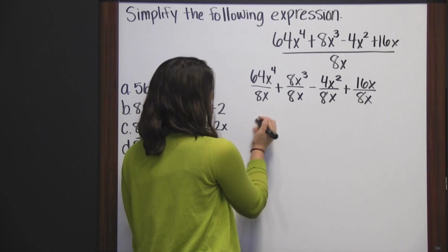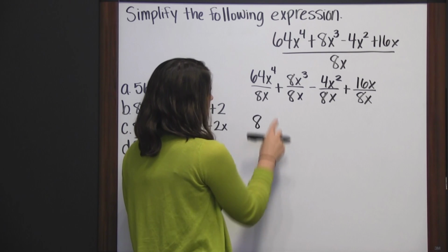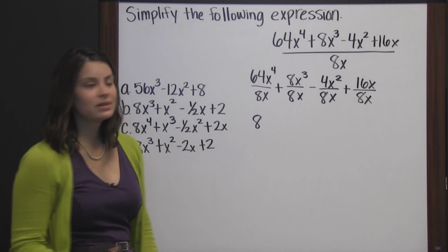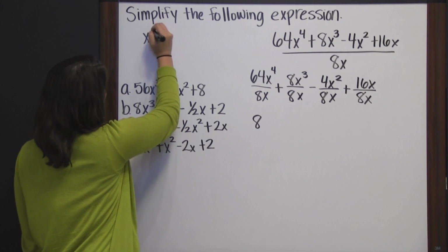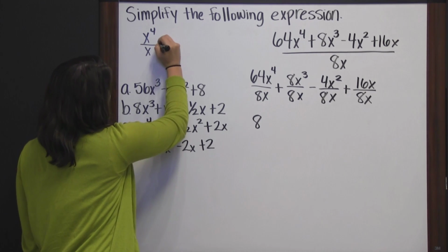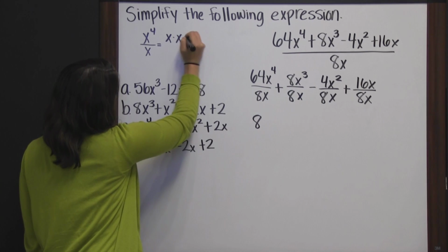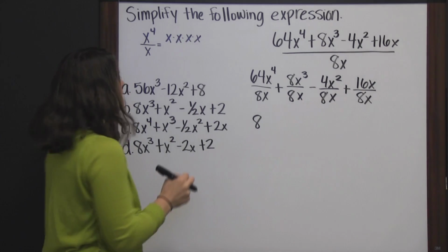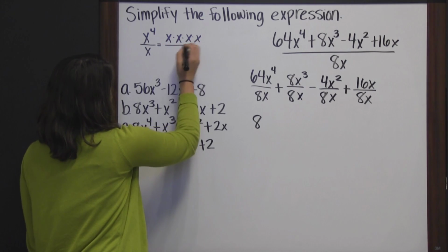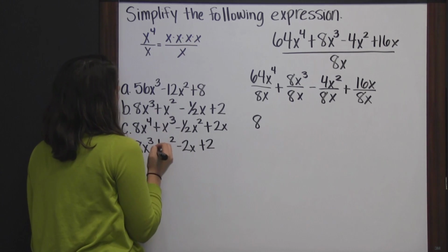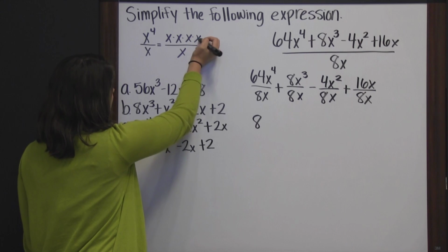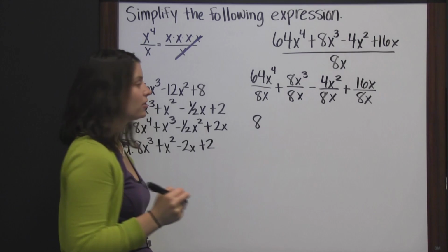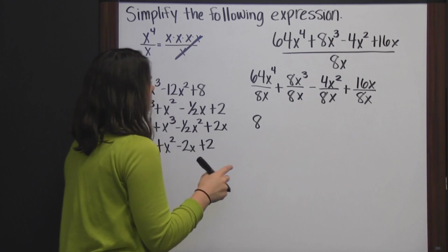64 divided by 8 is 8. And x to the fourth divided by x, well, let's see what that looks like. X to the fourth divided by x is x times x times x times x, divided by x. X divided by x is 1, so those cancel. And what you're left with is x cubed.